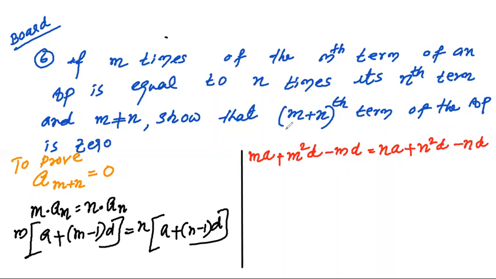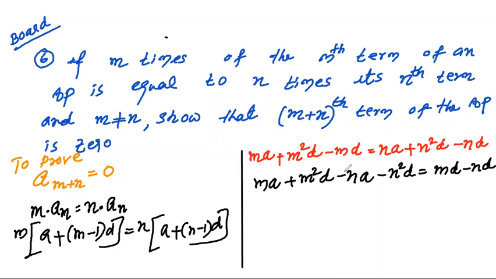All of you listen here. Let me do some rearrangements. ma plus m square d. Let me take na to the left side, it becomes minus na, and n square d becomes minus n square d. Let me take minus md to the right side, so it becomes md minus nd. Now you have ma minus na; take a as common from both terms, so it becomes m minus n into a.